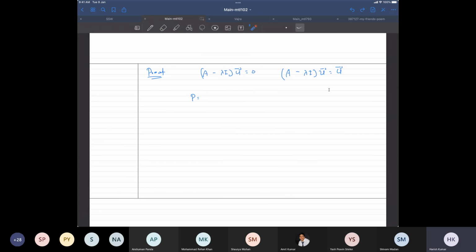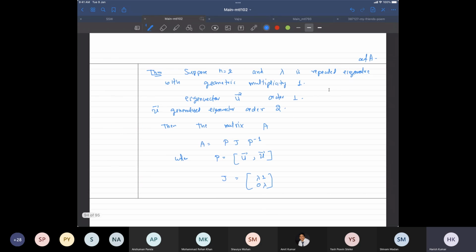So P of course will be equal to the matrix with columns U1, U2 and V1, V2. This is what I mean here.